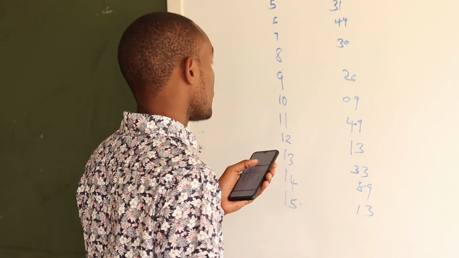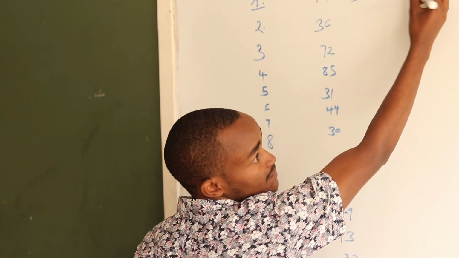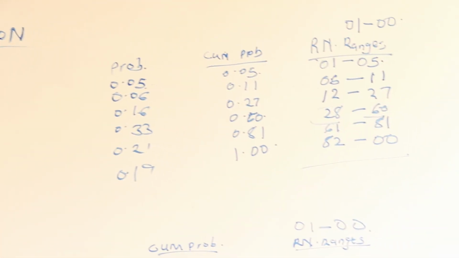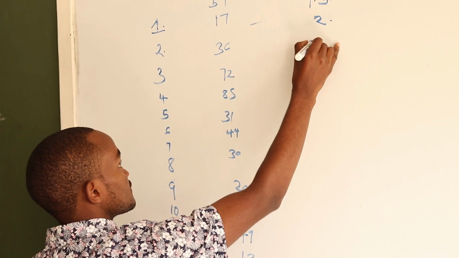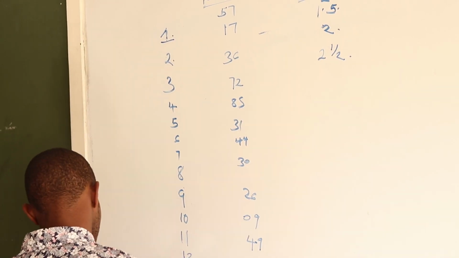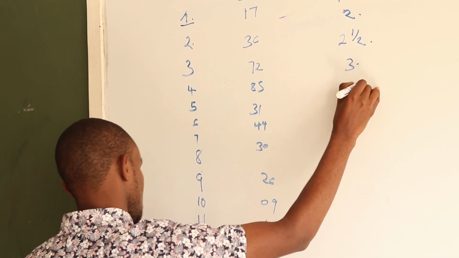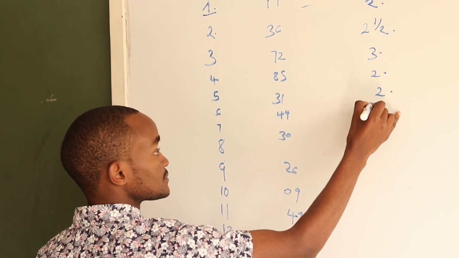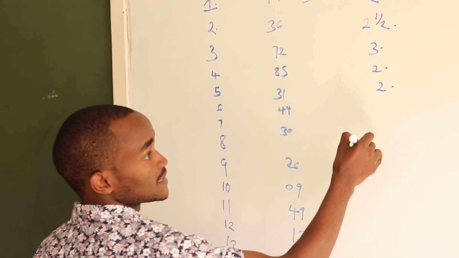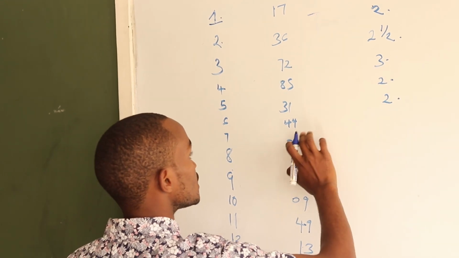Then we have the third one, 36. It lies between 28 and 60. The hours are 2. Then we have 2.5 hours for 72. Then we have 3, 2, 2, and then 30 lies between 28 and 60. So that will be also 2.